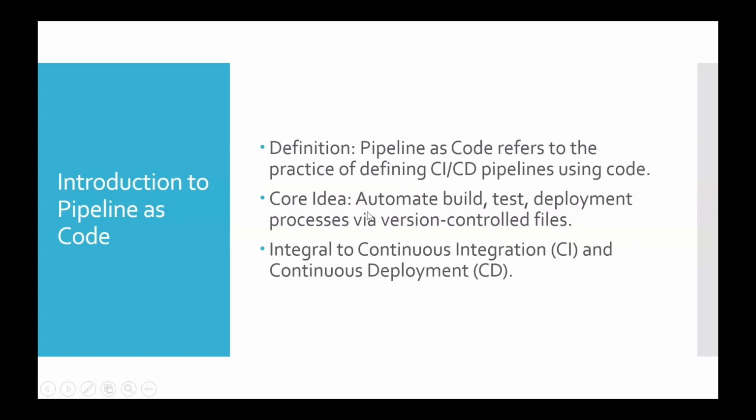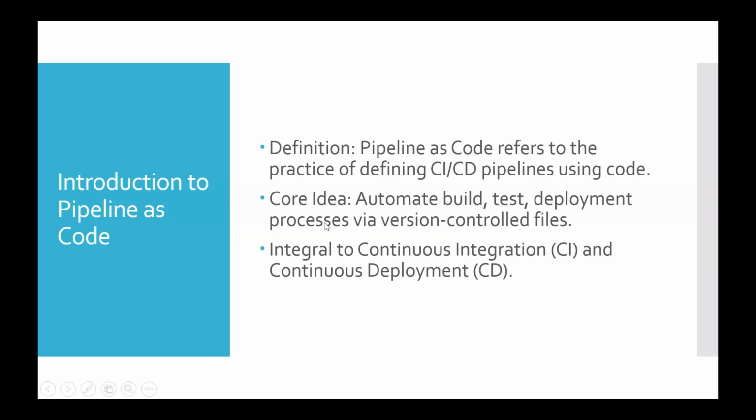What is the core idea? Automate build, test, deployment process via version controlled files. That means you can keep your pipeline in version control or in some repository, and you can create one pipeline using a YAML file or DSL file, whatever you want to create for your pipeline as code.